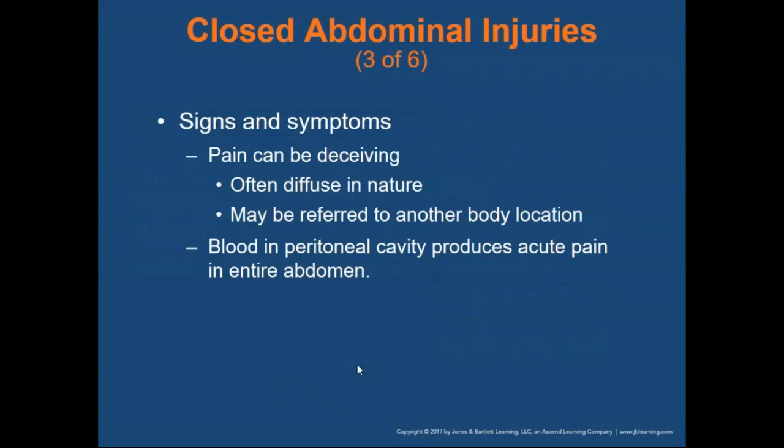Signs and symptoms of closed abdominal trauma: pain. The pain that goes with this is what's called a visceral pain, rather than pinpoint pain like you have with a fracture, where the patient could almost take one finger and point to the place that hurts the worst.